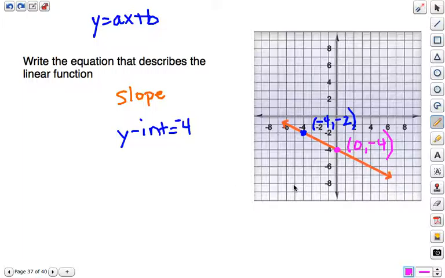All right, so let's calculate the slope now. So we have -4 minus -2 over 0 minus -4.